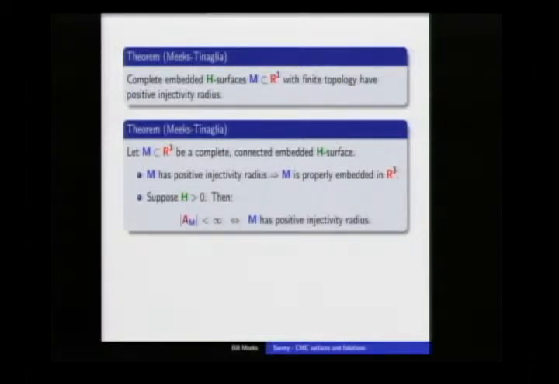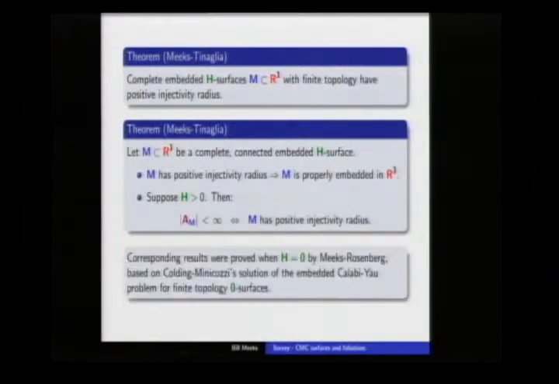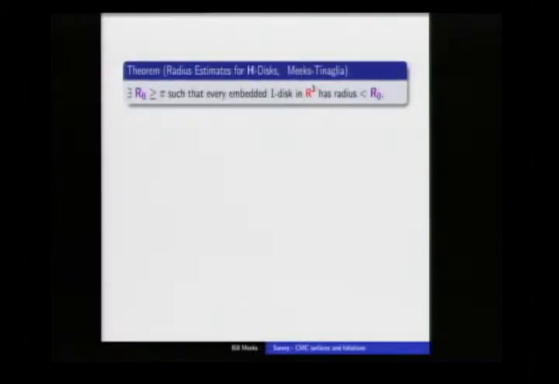So when H is positive, positive injectivity radius is equivalent to having bounded second fundamental form. I'm going to talk a little bit about that, not much. Like I say, these results were known previously for minimal surfaces.